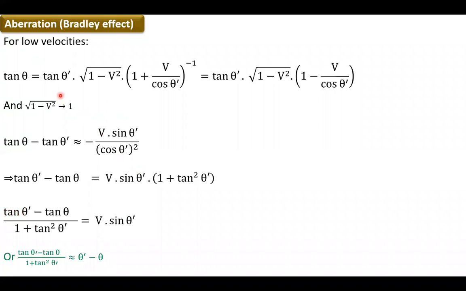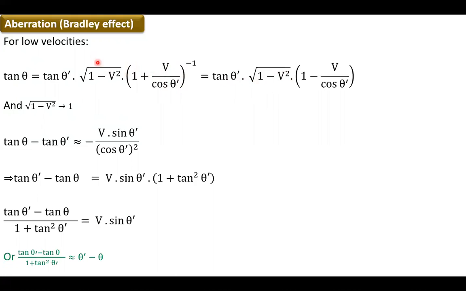So here is tangent theta prime times the radical of 1 minus v squared times 1 plus v over cosine theta prime to the power minus 1. So it's 1 over 1 plus v over cosine theta. Tangent theta prime, radical 1 minus v squared.